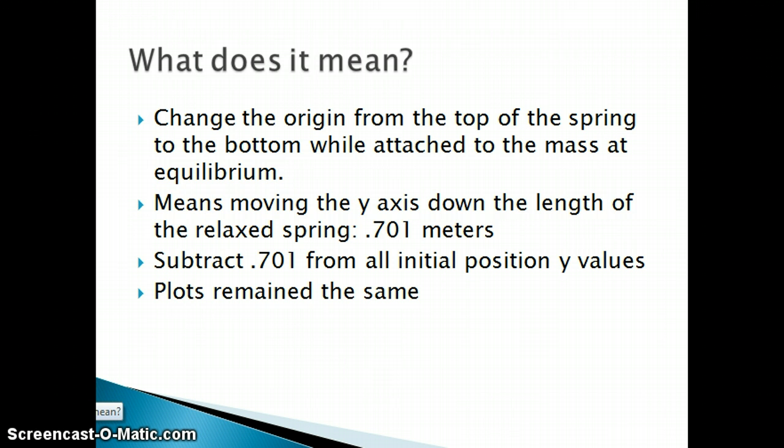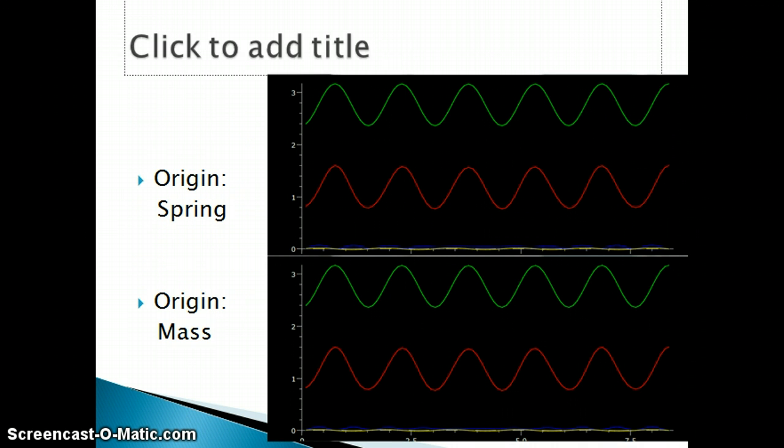Because we knew that the relaxed spring length was 0.7 meters, we only had to subtract 0.7 from all the initial y values. And as shown, the plots remain the same. This is from the original spring, and this is from the spring once we move the position origin down to the mass.